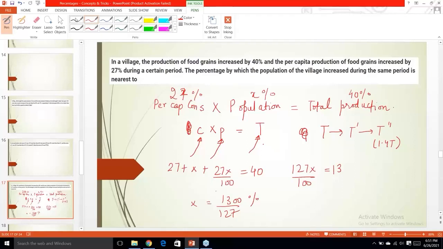Sorry. We were anyway finding out x. So this is close to 10 point something again. So same answer, 13 by 127, what we got. Is this part clear? Okay. So this was actually asked in CAT 2018, if I'm not wrong, or 17. CAT 17.